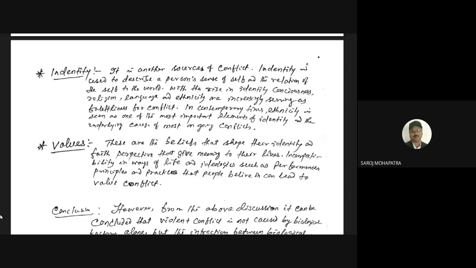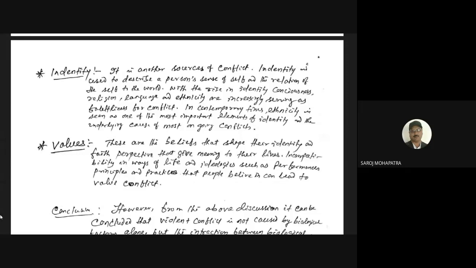Incompatibility in ways of life and ideologies, such as preferences, principles, and practices that people believe in, can lead to value conflict. The value conflict means that for a particular value, conflict is also created. So these are some of the sources of conflict.